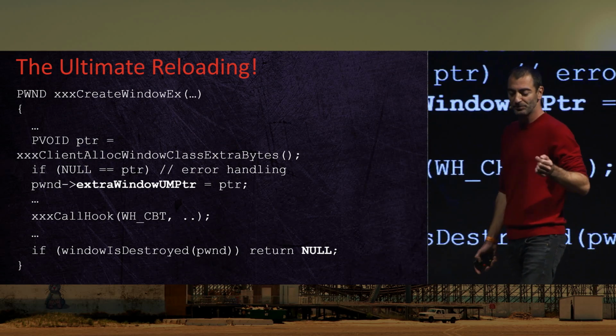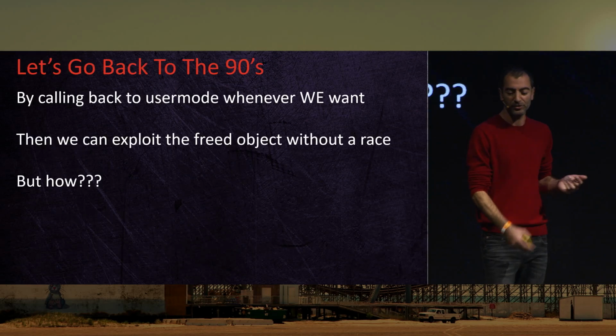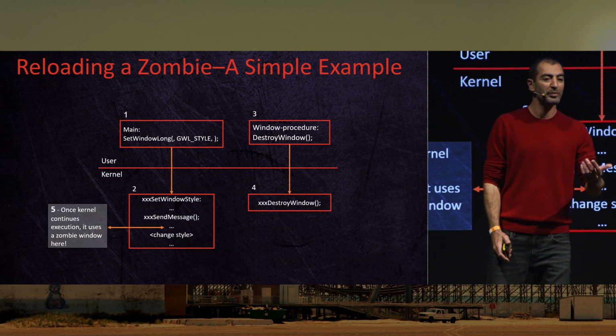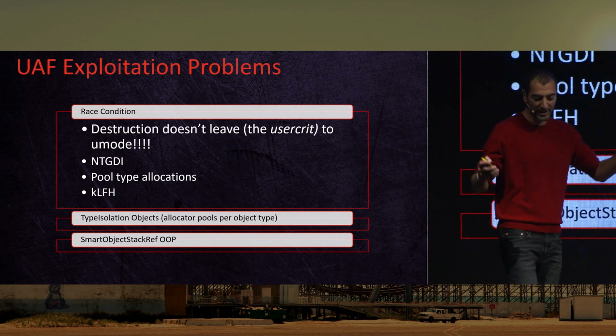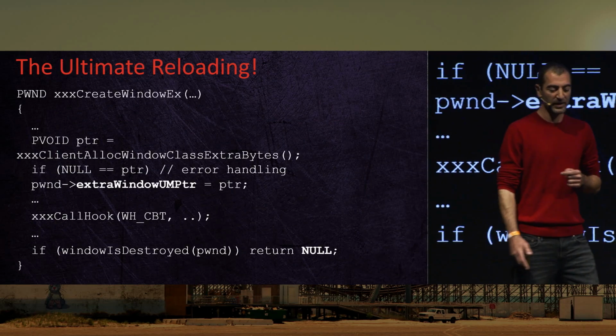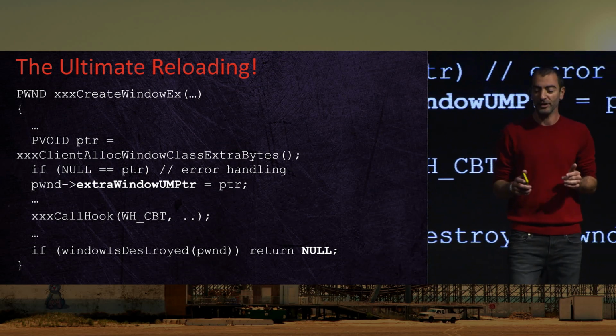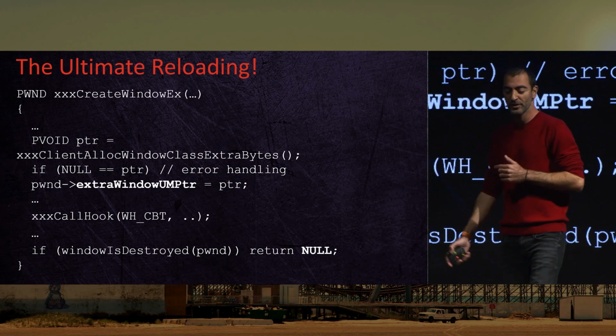So now that you understand how we can do this kind of stuff, it should be obvious that at the XXX call hook, there is something wrong, or something we can exploit.